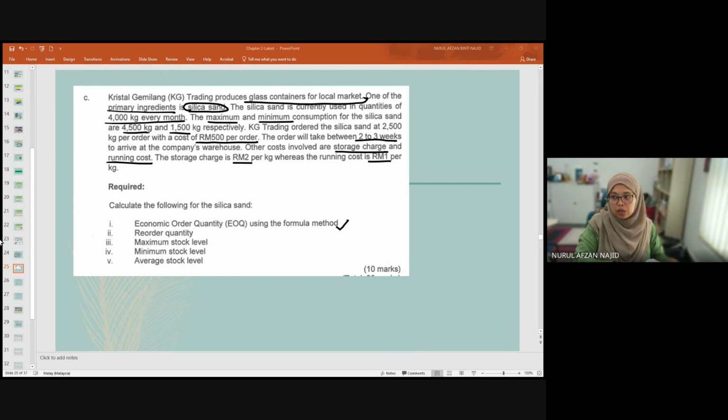Determine dulu. Untuk guna formula method, apa benda yang kita kena perlukan? AD, OC dengan HC. Cari dulu ketiga-tiga item tu. Then baru you masukkan dekat dalam formula.